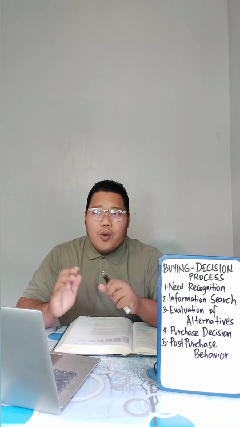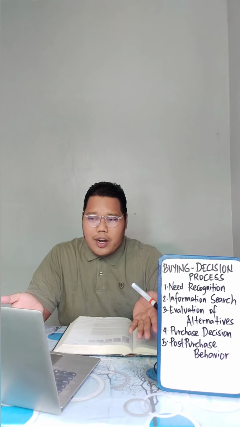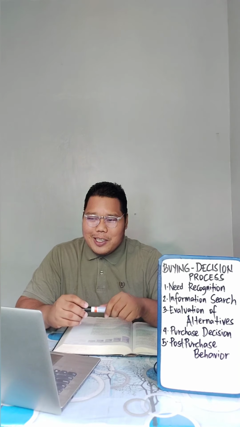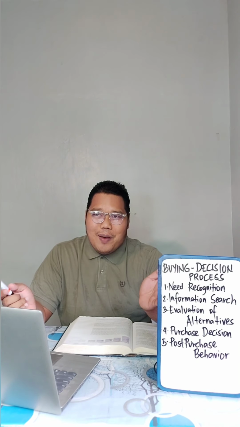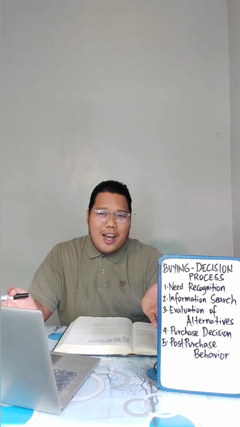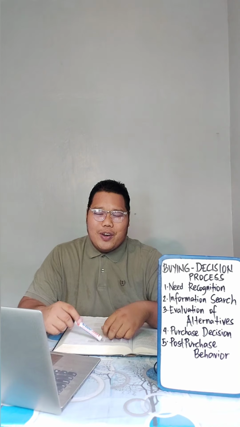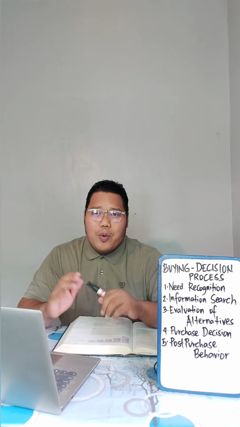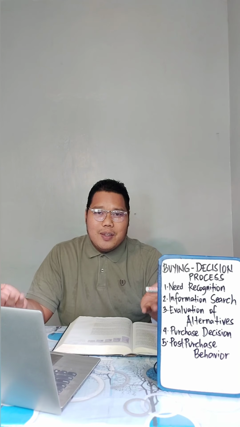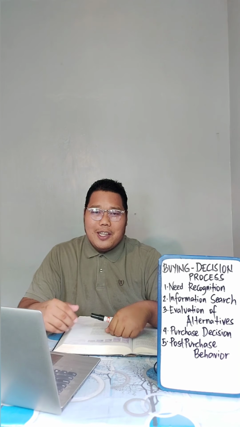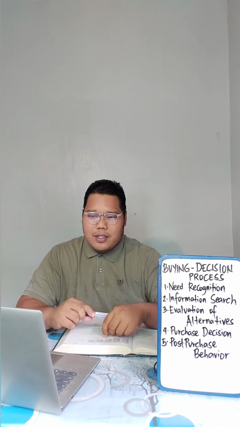When you're going to buy soy sauce or sugar, a consumer gives little thought to vendor or payment method. If you want to buy sugar, are you going to think to pay by debit card or credit card, or are you going to choose from various alternatives of stores selling sugar? No, you just want to buy sugar or soy sauce.